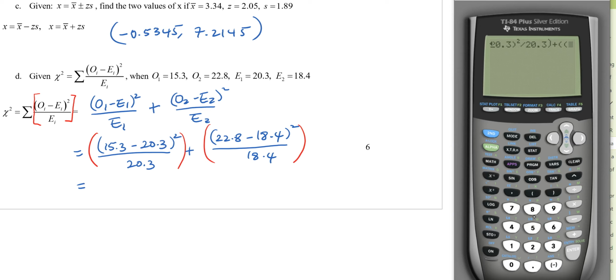For the second numerator, 22.8 minus 18.4 quantity squared, divided by 18.4, and this closes the big parenthesis. Hit enter. So the answer is approximately 2.3.